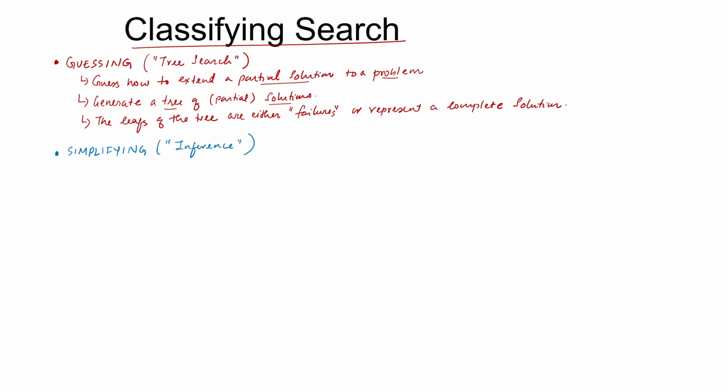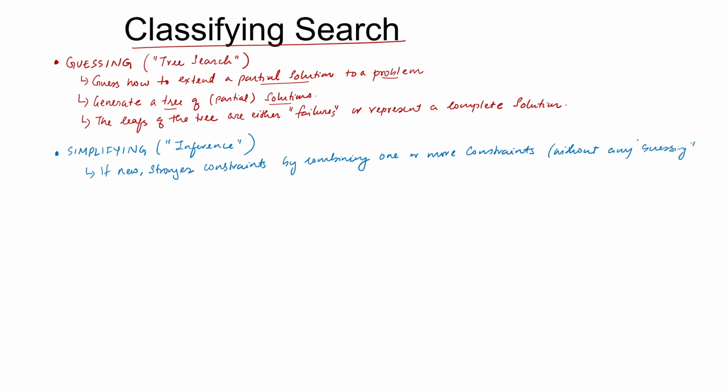In this case, you infer new and stronger constraints by combining one or more constraints, without any guessing. You have no guessing in this.